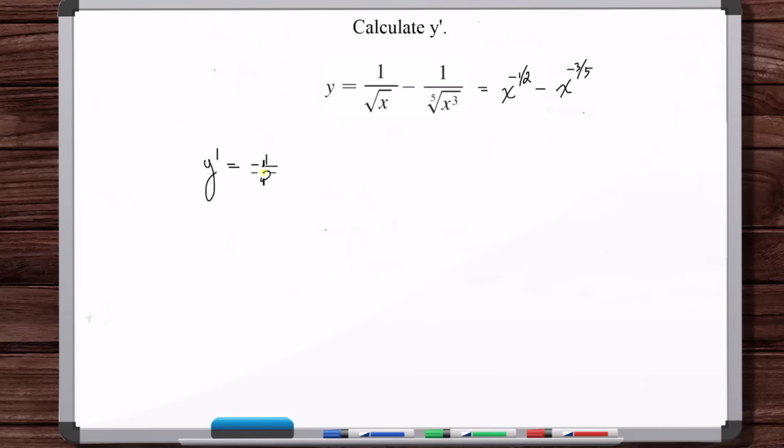Bring down the minus 1/2. x to the minus 1/2 minus 1. Minus 3/2. Okay, now this will be a plus because we're going to bring down that 3/5. Okay, now minus 3/5 minus 1.